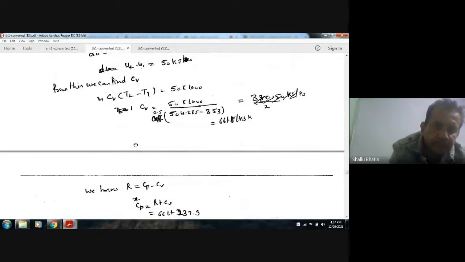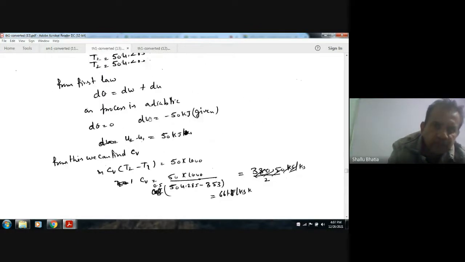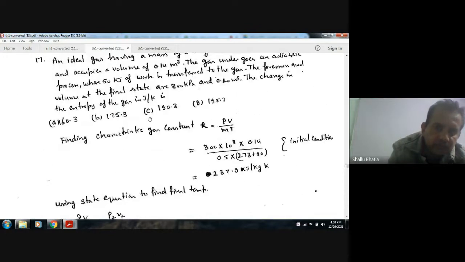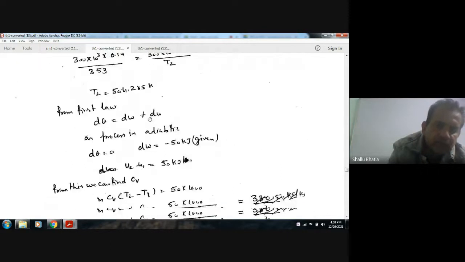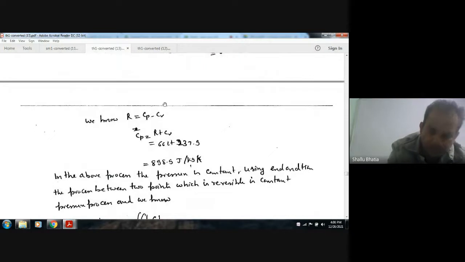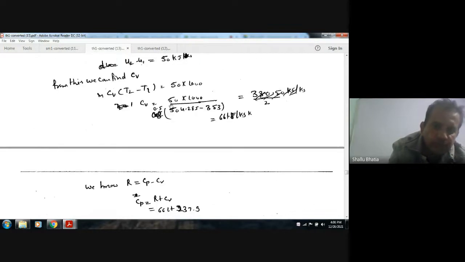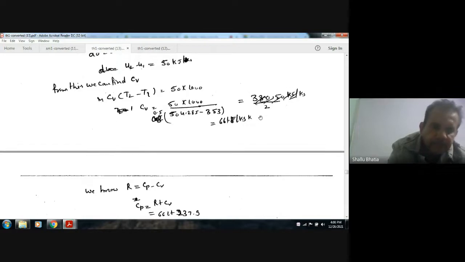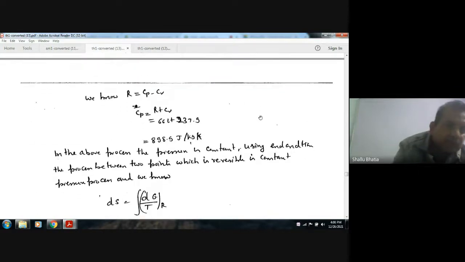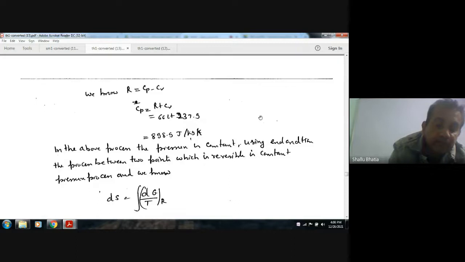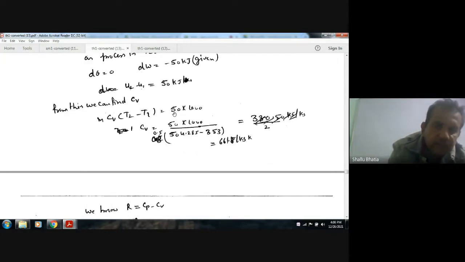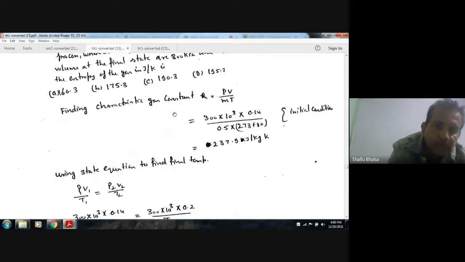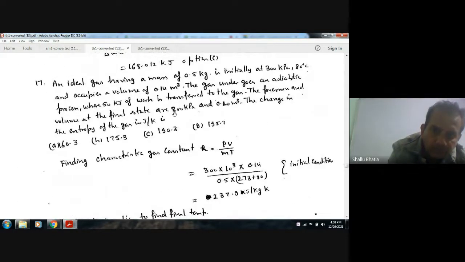Cv is not given for this ideal gas, so from this we can find Cv, which is 661 joule per kilogram per degree Kelvin. Now we know that R is equal to Cp minus Cv. R is not given.